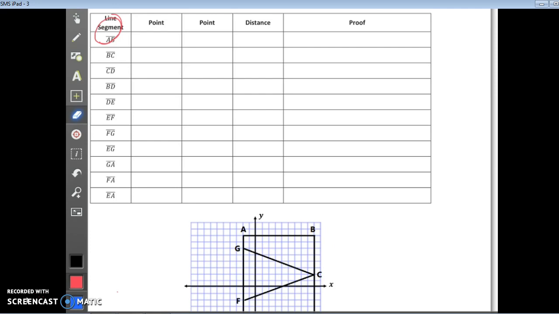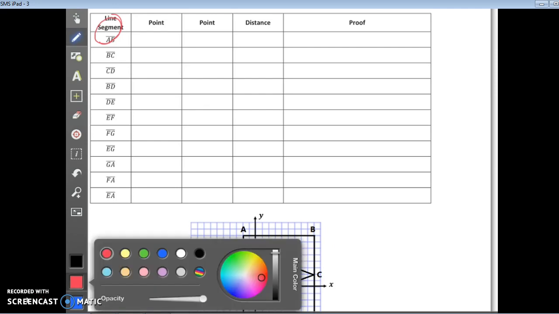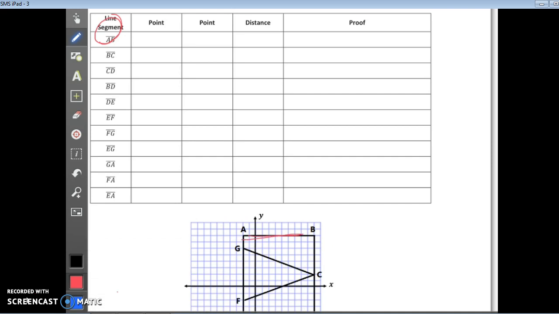So what we need to do first is figure out where line segment AB is. It is right here, and one end of it is right there. So those coordinates would be, and we're always doing X first, Y second. X always goes first.